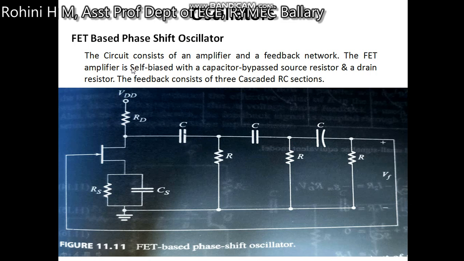The amplifier is self-biased with a capacitor bypassed source resistor and a drain resistor, and the feedback consists of three cascaded RC sections. This is the first RC section, second RC section, third RC section, connected one after the other. So this is the basic circuit diagram of the FET based phase shift oscillator circuit.